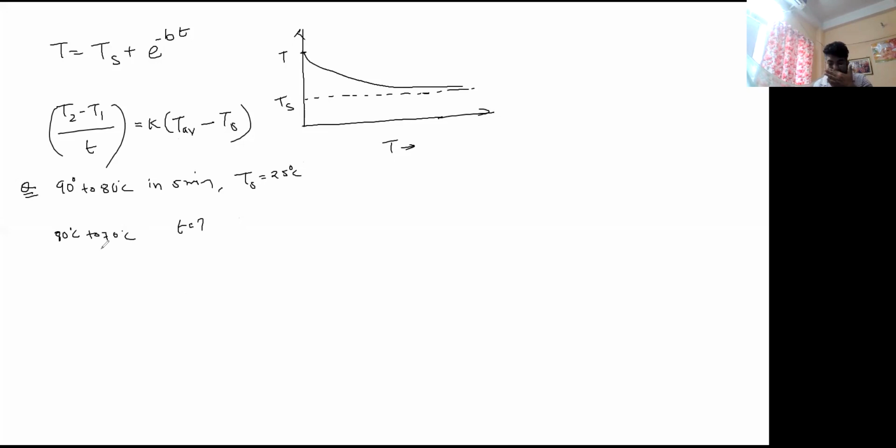So देखो, it's a very simple question. Temperature difference, 90 and 80, so 90 minus 80 is 10. Time is 5 minutes. K you don't know. T average of 90 and 80 is 85, minus surrounding temperature 25. So what you have, 2 equals K into 60. That means K equals 1 by 30.